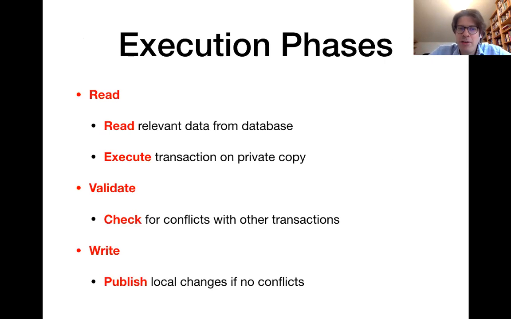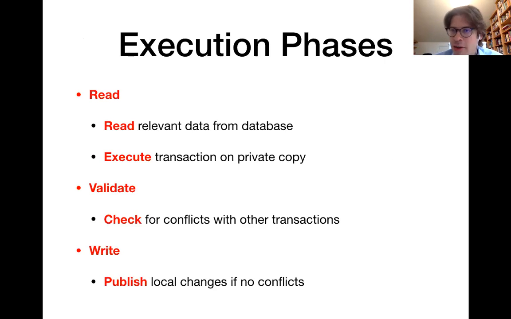Based on those read and write sets, we can validate whether any bad conflicts happened or not. Now, in more detail, the execution of a transaction consists of 3 phases. First, the read phase, then the validation phase, and finally the write phase.